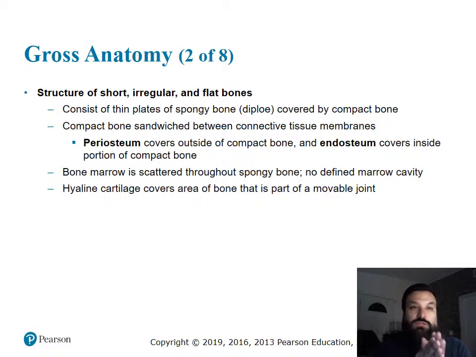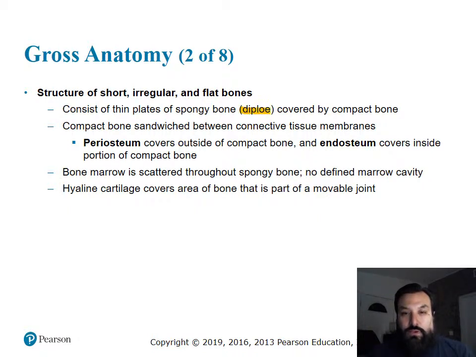In fact, if you cut a short bone, say a wrist bone, in half, you would see compact bone on the outside and spongy bone on the inside. You would see the same thing with an irregular bone, and the same thing with a flat bone. And we'll see a picture of that. Sandwiched in between would be the spongy bone. We call that spongy bone in these types of bones diploe, and I'll use the highlighter to highlight this.